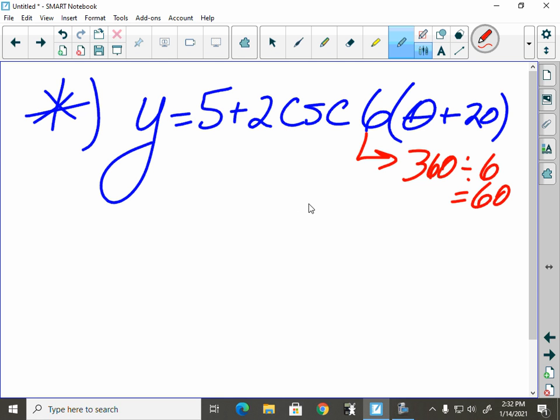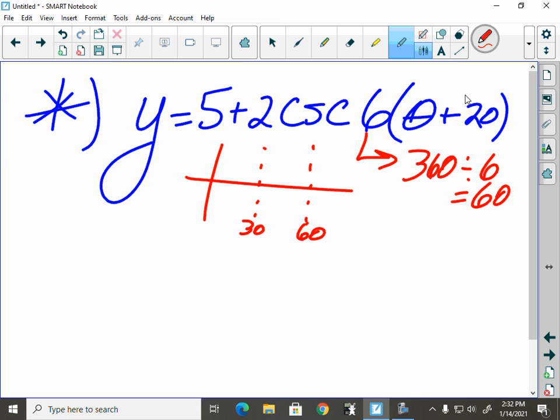Okay? Now, cosecant normally looks like this. Okay, that's what cosecant normally looks like. So normally, this would have been 0, 30, and 60. Okay, that's what it would have looked like.